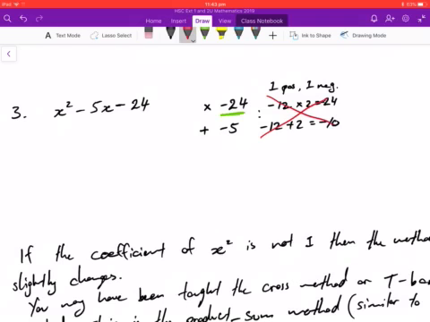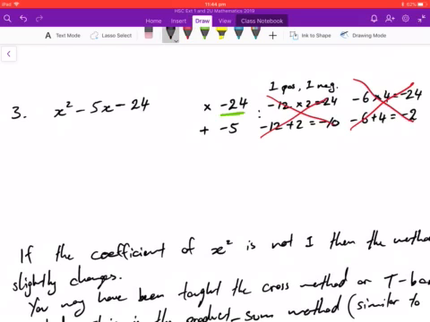It's going to be a bit of checking. If you're unfamiliar with this technique, it might take a couple of goes. What else are factors? Well, 6 and 4, okay? So let's say I've got negative 6 times 4. Well, that's negative 24. That's good. Tick. Negative 6 plus 4 is equal to negative 2. Again, that's incorrect. Can't do that one. All right, what's another two factors?